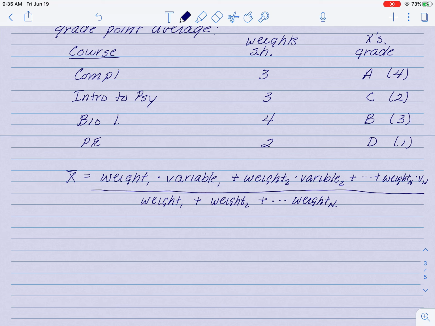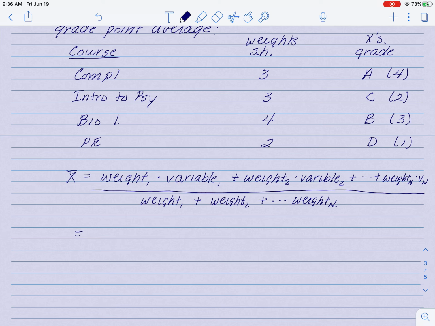Remember, our weights are semester hours because those can change. You can have a 4 semester hour class or a 3 or 2 or 1. But the values for the grades don't change.